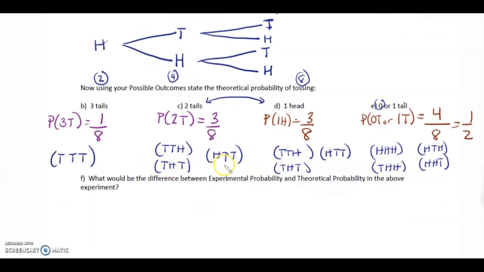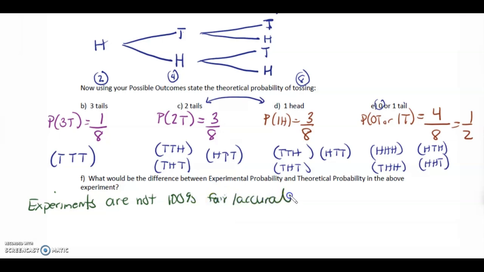Okay, so what would be the difference between experimental probability and theoretical probability in the above experiment? Okay, so if you think about it, experiments are not 100% fair or accurate, right? Like whoever's tossing the coin, there may be a flaw, okay?